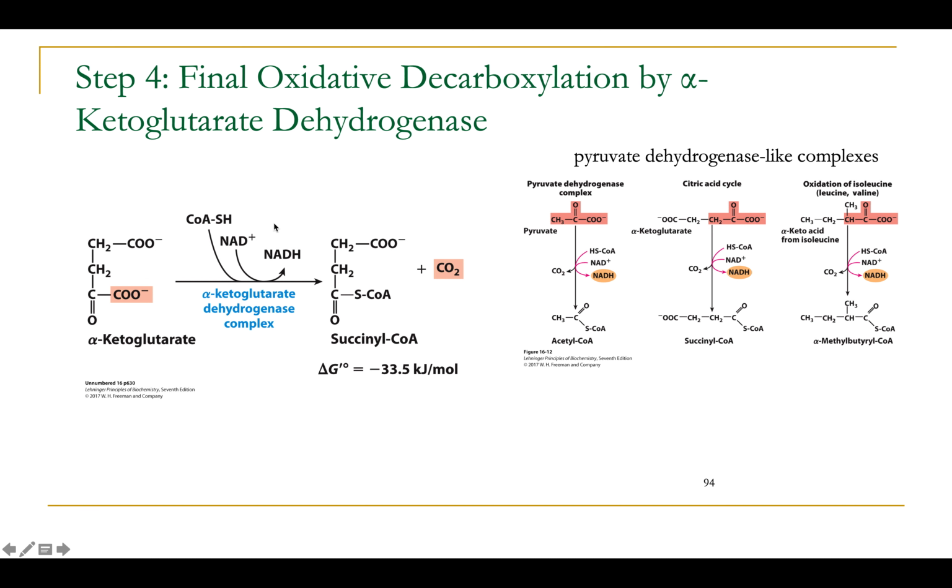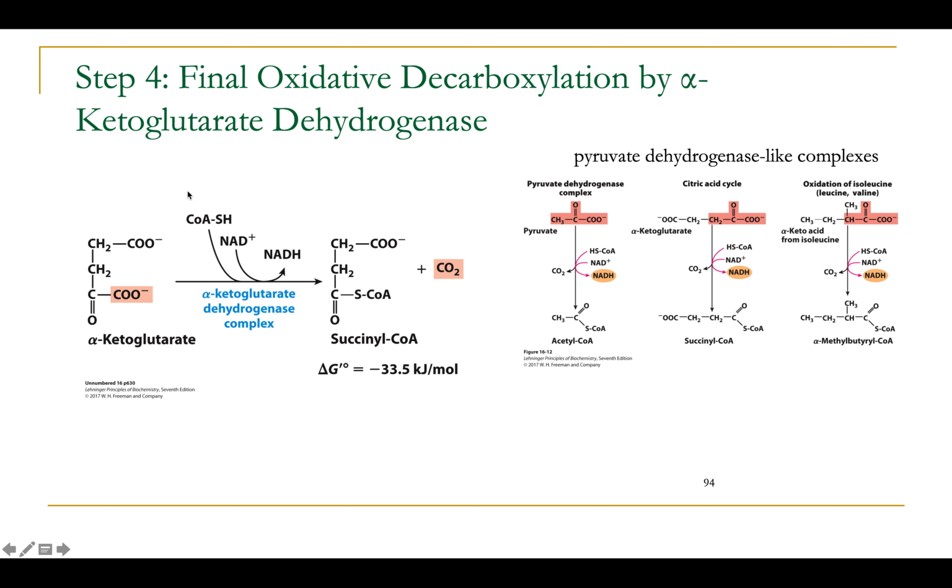The fourth step is yet another oxidative decarboxylation reaction, and at the end of this step, another carbon input in the form of an acetyl group is released out of the system in the form of CO2.